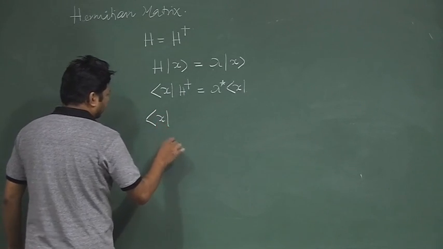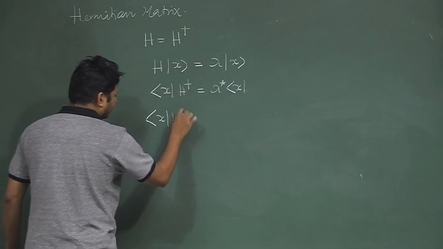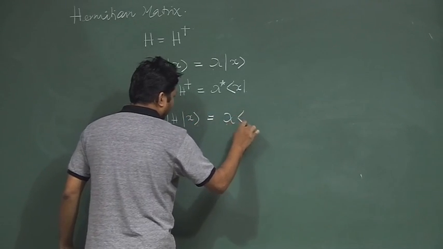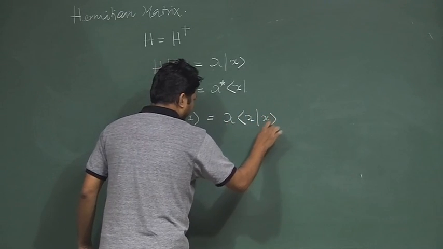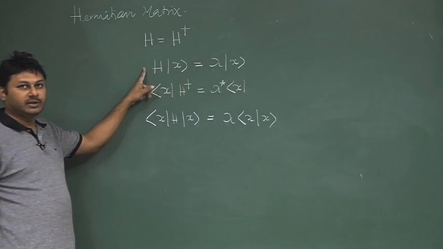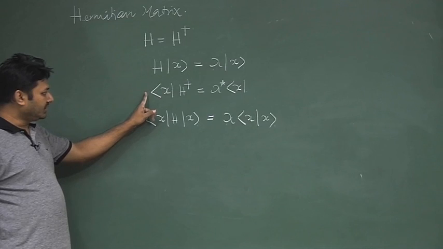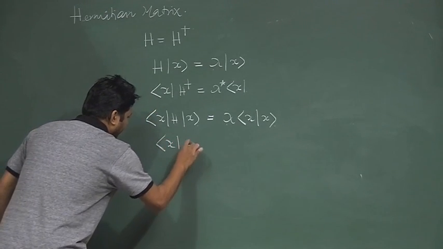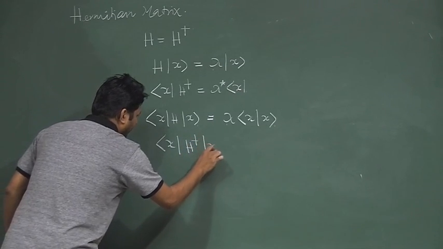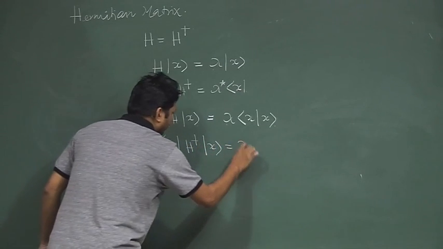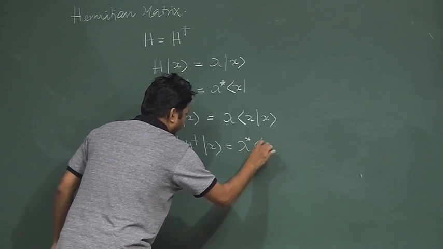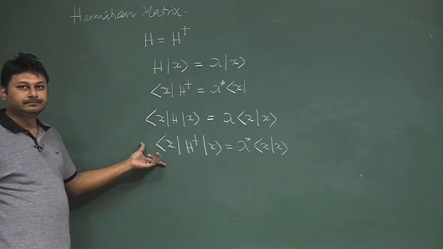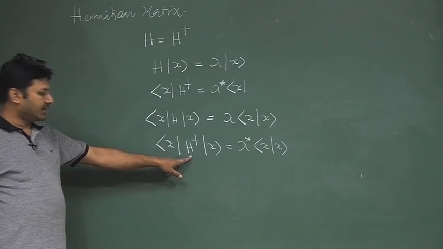Using x from the first equation, I get x H dagger, this quantity, but H and H dagger are the same thing.